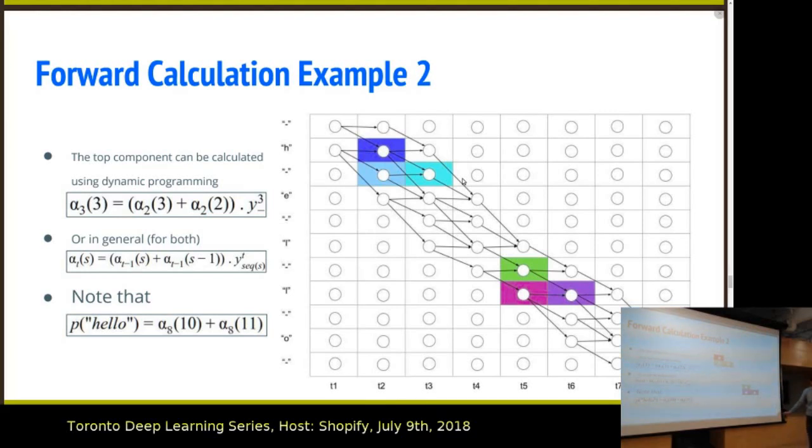But in the model, there's a path from the H at T1, and I can, for example, stop going up and down, and then end up with the T at T8. I guess you are not doing the training for that one, but that's a valid path. Yeah. Oh, yeah. Okay. So I'm not training that. I'm not trying to maximize the probability of that path. I'm actually trying to minimize that probability.